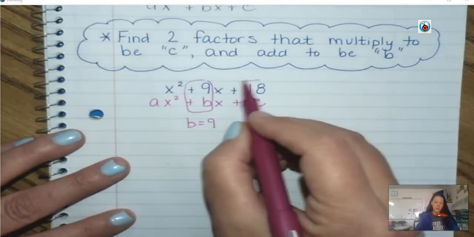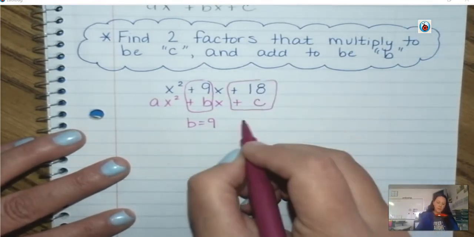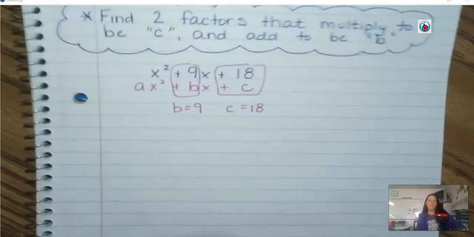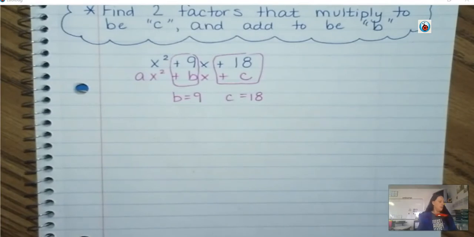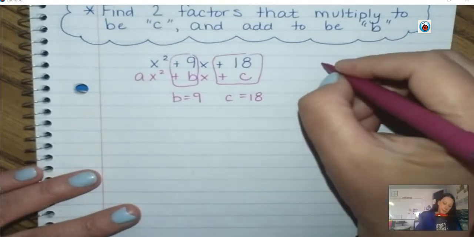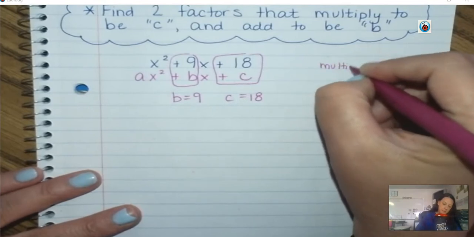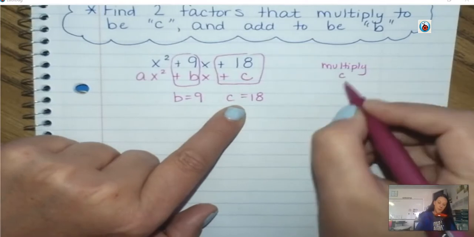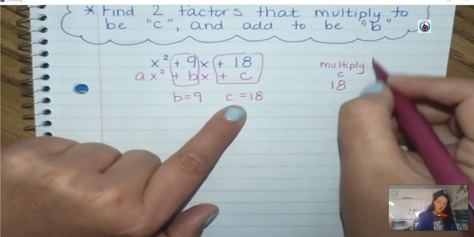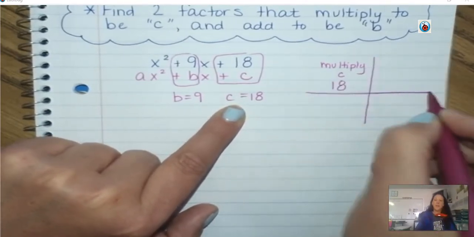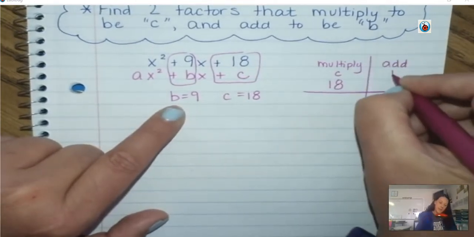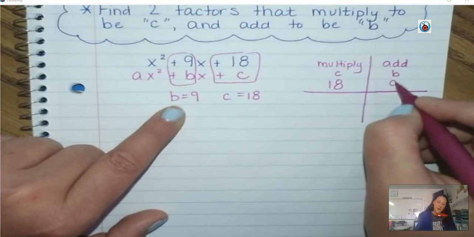Your C value is whatever's at the end by itself, so your C value is positive 18. So you're trying to find two numbers that multiply together to be the C value, 18, but add to be the B value, which is 9.